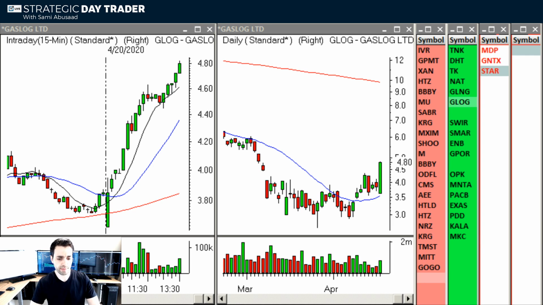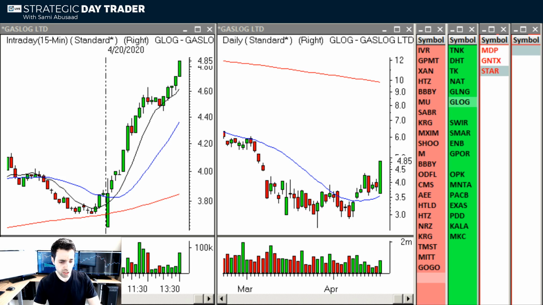We might not be able to get filled if it were to trigger. It hasn't broken under 18 yet. Oh, it's triggering here if you can get it. WTI. Don't love it, but it's just an idea short on WTI. And then GLOG is going climactic. Look at GLOG, guys. Pretty nice on GLOG.